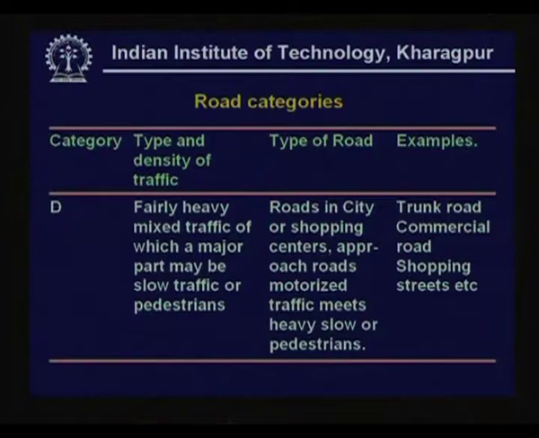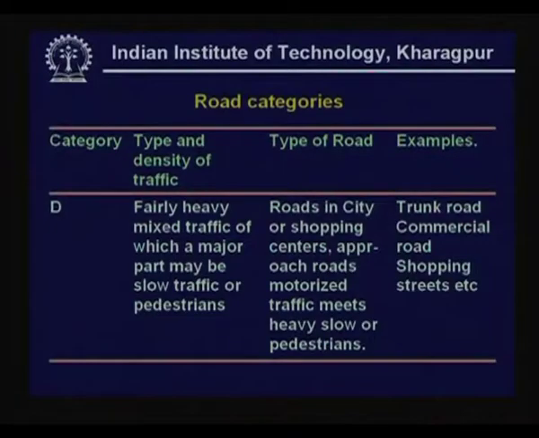Then when this mixture of the traffic keeps increasing, where the slow traffic content goes higher, we call that D. This is the city centers, linking to shopping areas, and invariably the pedestrian density starts increasing on these roads.